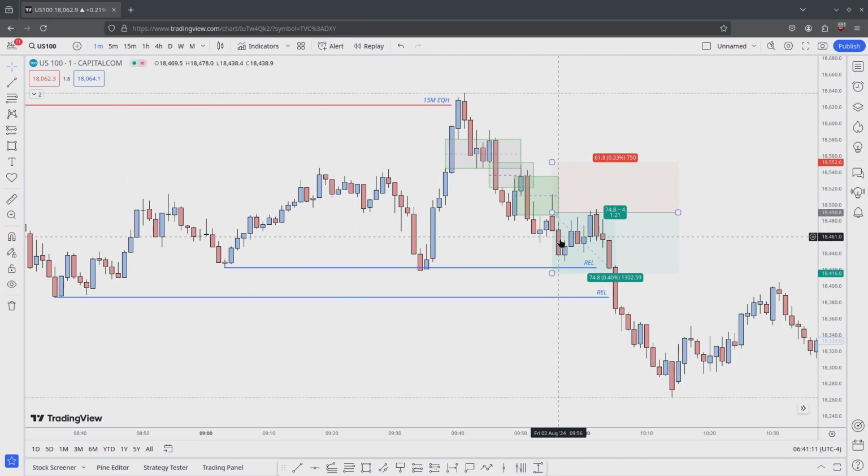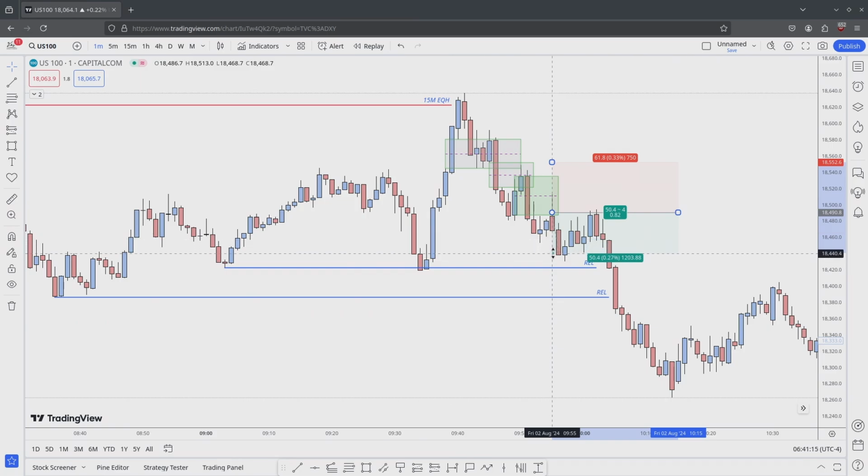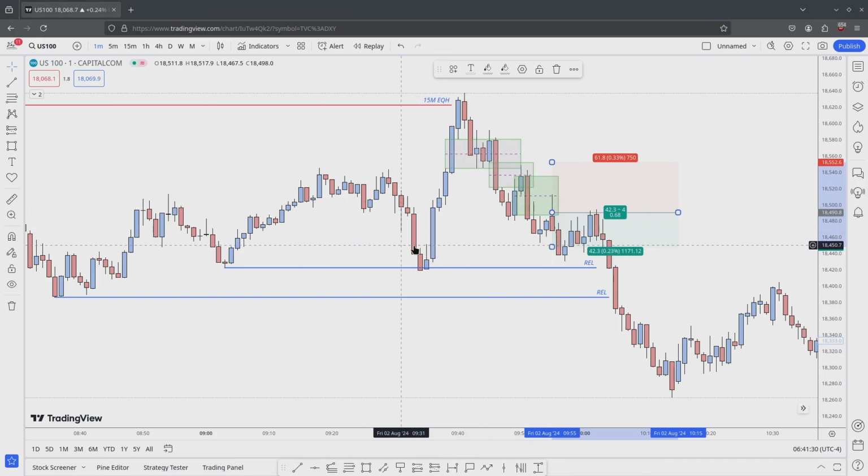We then trade down lower. You get about 10 handles here. It's a good place to take a partial. Also lines up with this balanced price range, fair value gap. Lines up with the low of that.